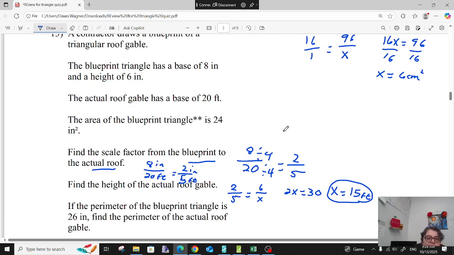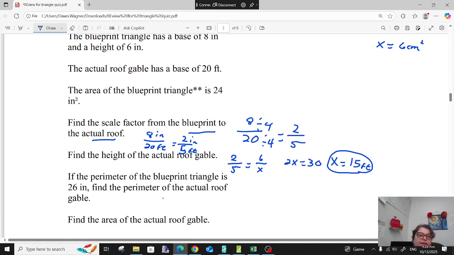Find the perimeter of the blueprint. The perimeter of the blueprint triangle is 26 inches. Find the perimeter of the actual roof gable. So you'd use 2/5 is equal to 26 over x. You would cross multiply.